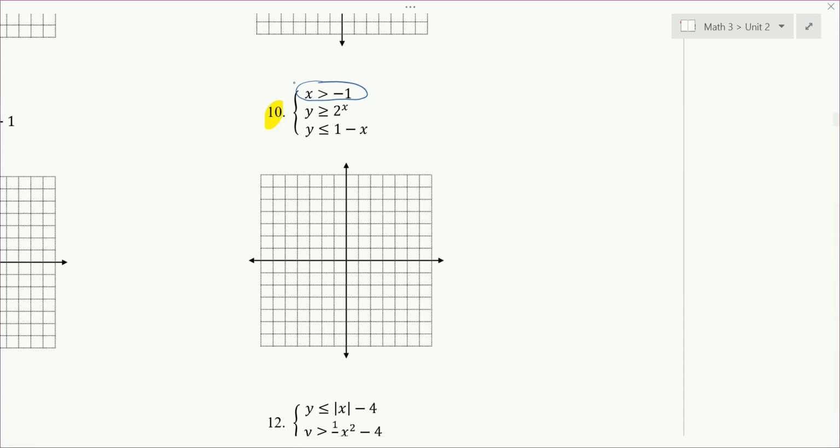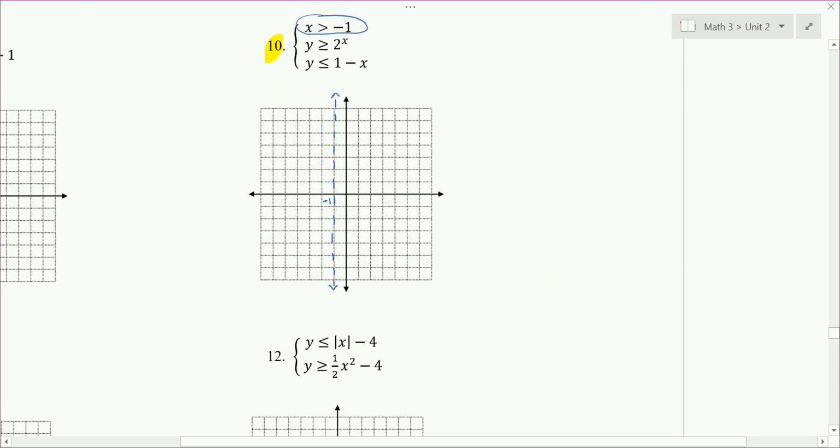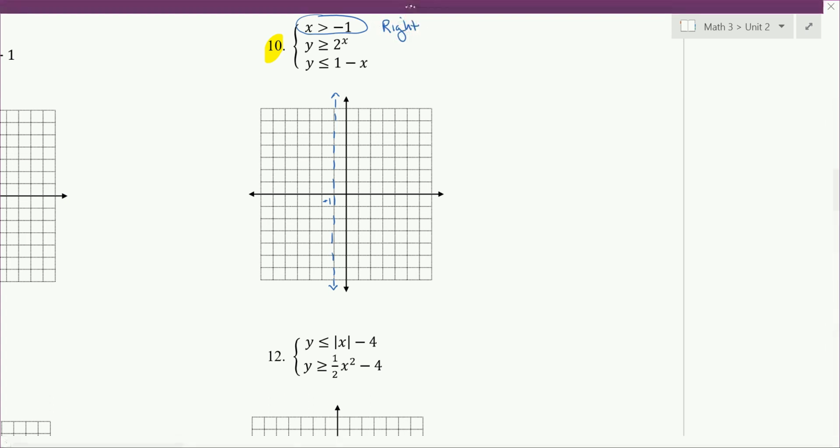If I were to graph x equals negative 1, locate negative 1 on the x-axis, and it's going to be a vertical line at that point, because this is the line that goes through all the points with an x value of negative 1. We are going to be shading everything greater than x, so we're going to be shading to the right. I'm going to hold off on the shading.